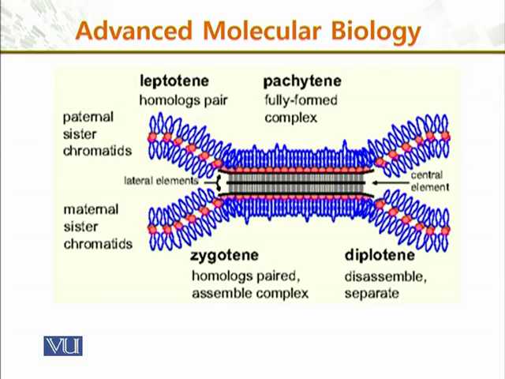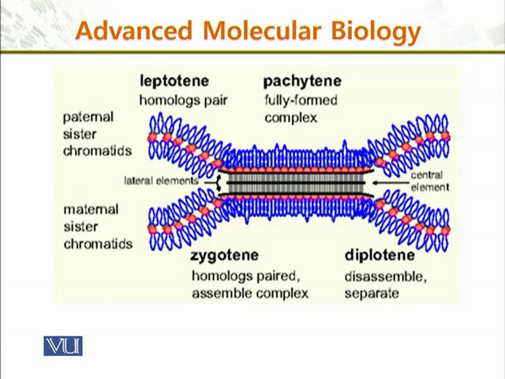Now, in this cartoon, we have shown the different morphological processes of the chromosome division and chromosome formation. And as you see, there are different stages: leptotene, pachytene, diplotene, zygotene. And one is the maternal chromosome, another one is the paternal sister chromatid, which is there.